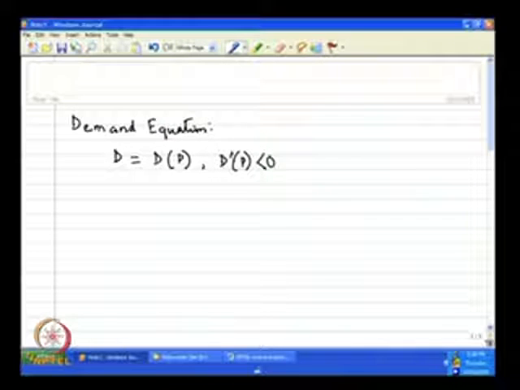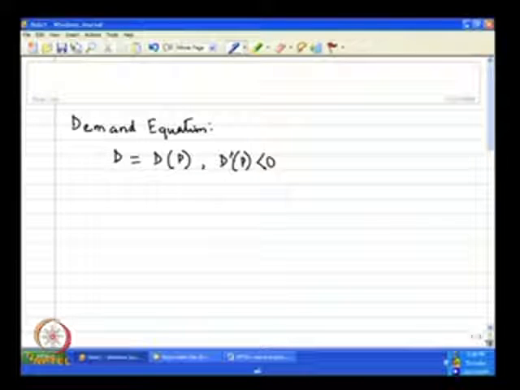D prime P, again, I have used differential calculus here, that is, if I take the derivative of the demand function with respect to P, which is the independent variable, it is going to be a negative quantity, which is a very brief way of saying that demand is inversely related with price.